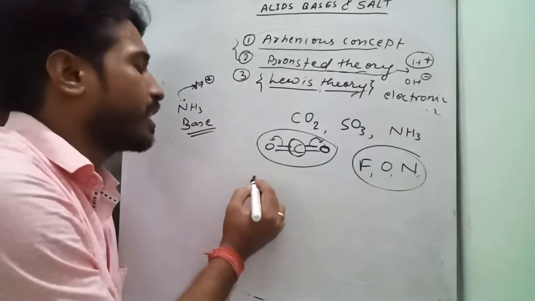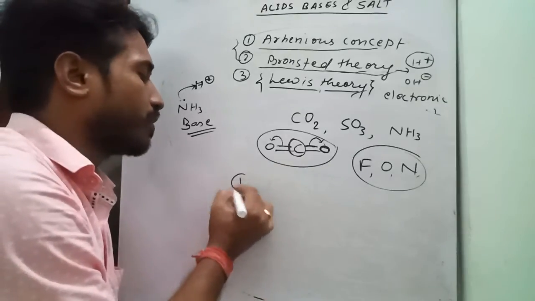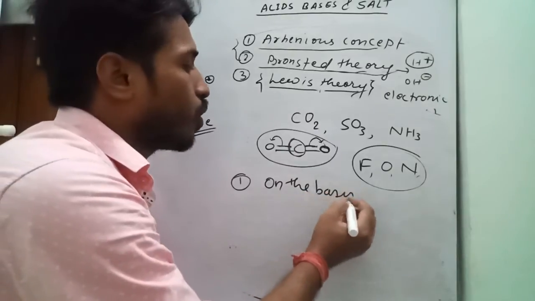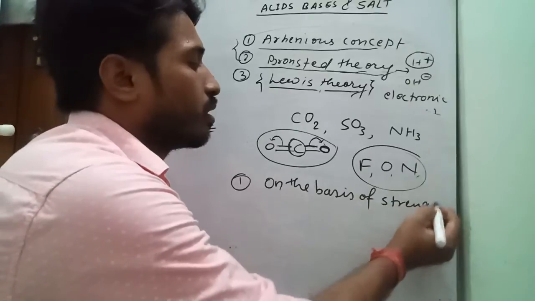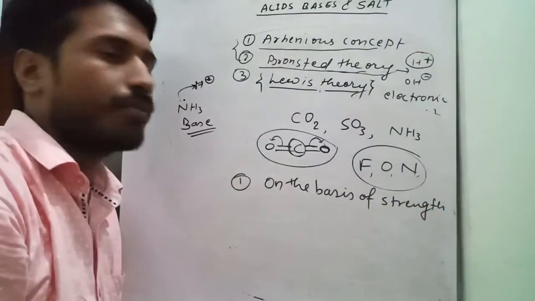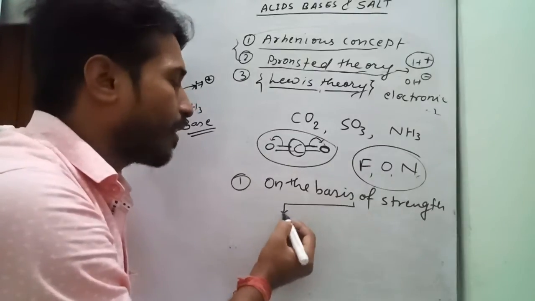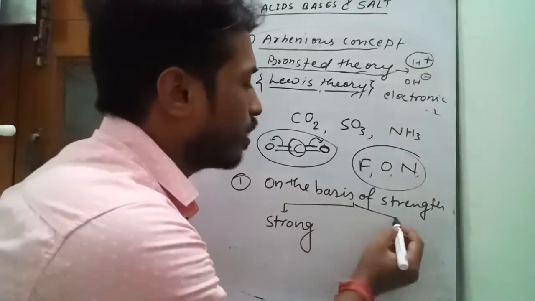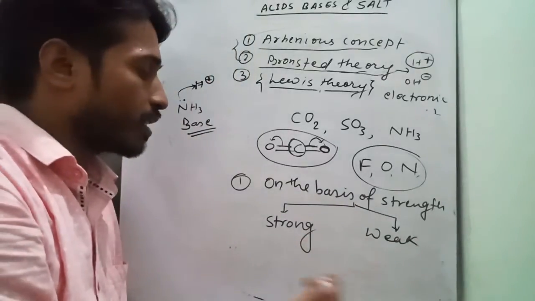Now how can we classify acids? The first classification is on the basis of strength. On the basis of strength, acids are classified into two categories: strong acids and weak acids.